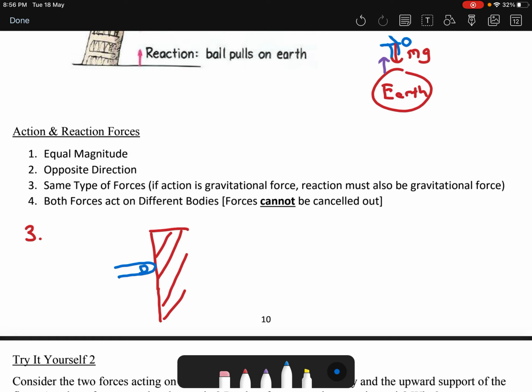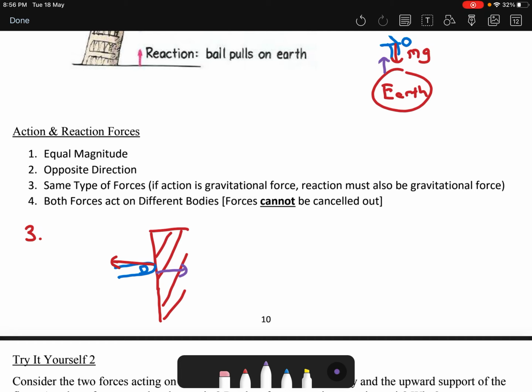This finger will exert a force on the wall in this particular direction. In turn, the wall will exert a force on my finger, in this direction. They are the same magnitude and opposite direction.